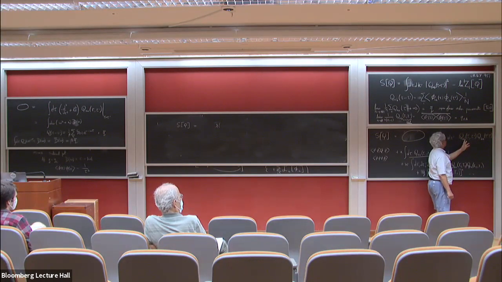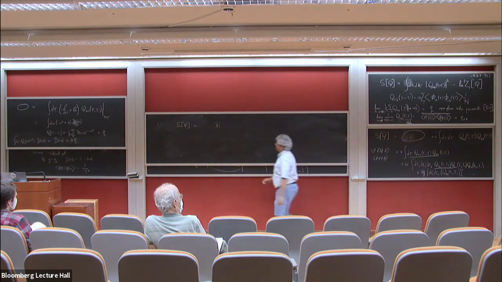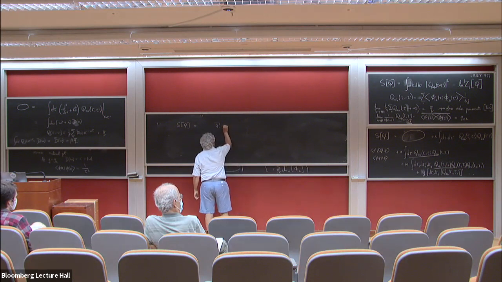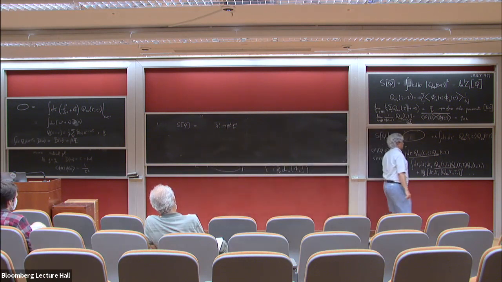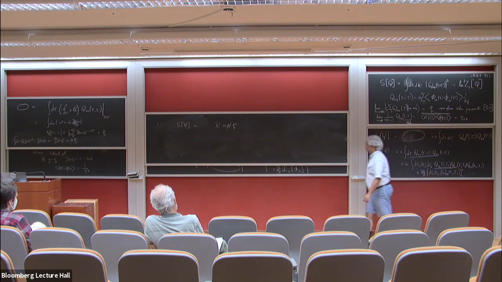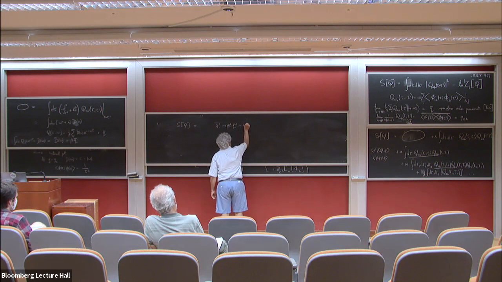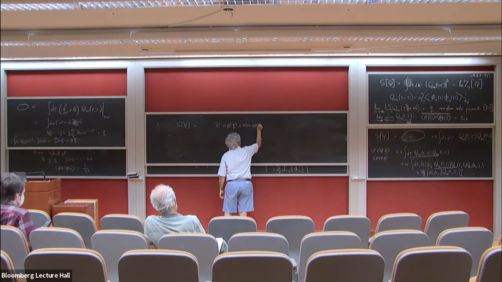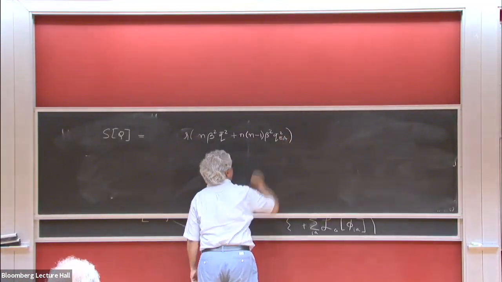And there's n of these things. And so what you're going to get is R times n times beta squared times Q bar squared. And then the off-diagonal terms will give you Q_EA, and that is n times n minus 1 and beta squared times Q_EA squared.